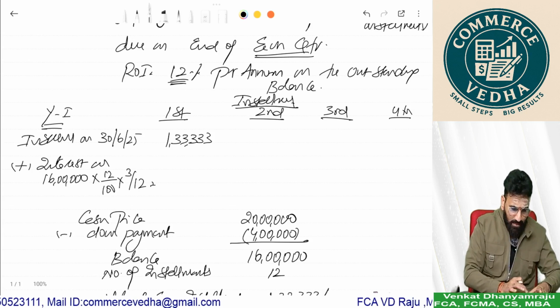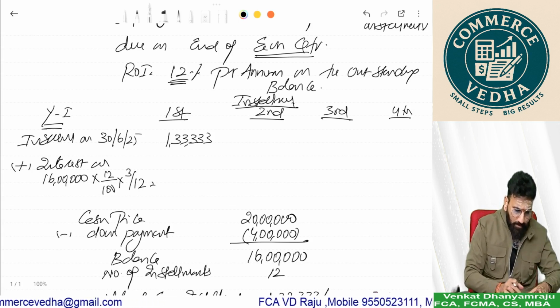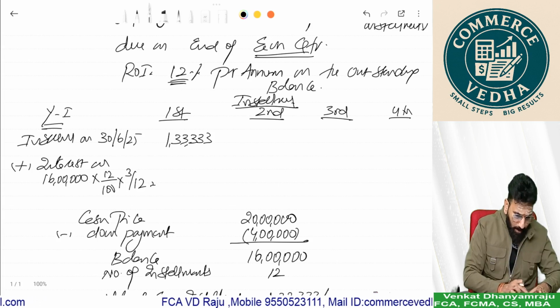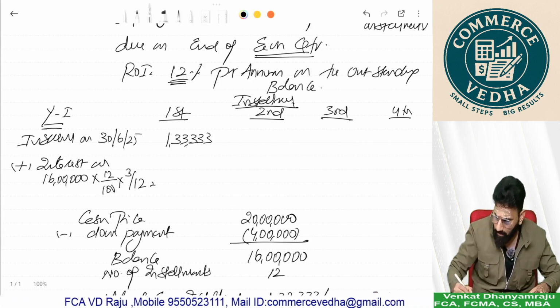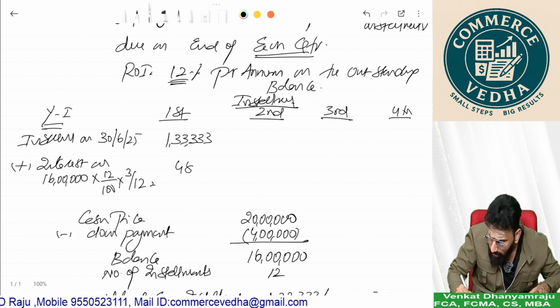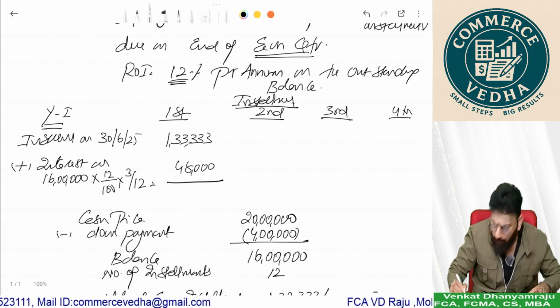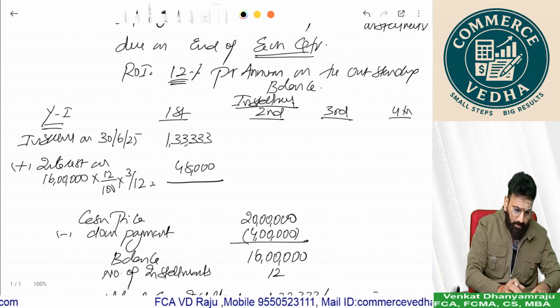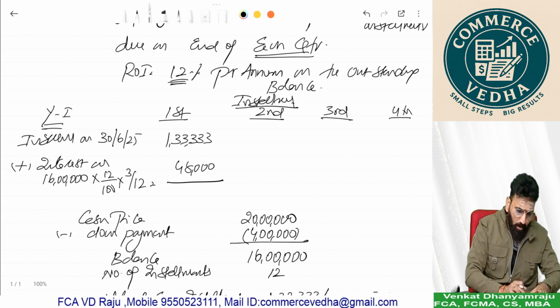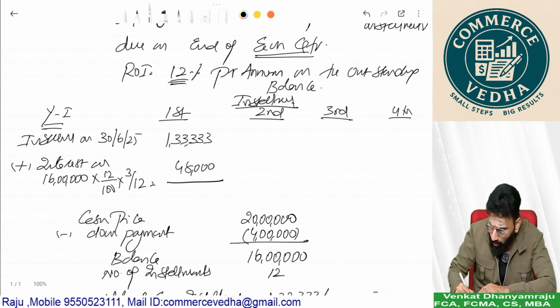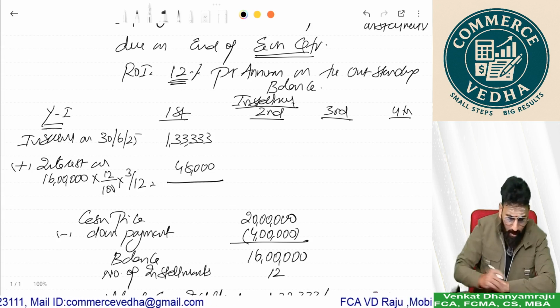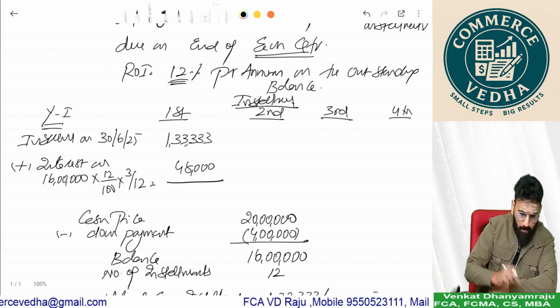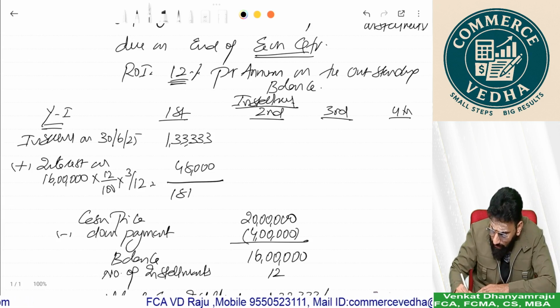So 16 lakhs into 12% by 12 into 3 is 48,000 is the interest. So 16 lakhs into 12% into 3 by 12. So the total amount to be paid on first installment is 1,81,000.